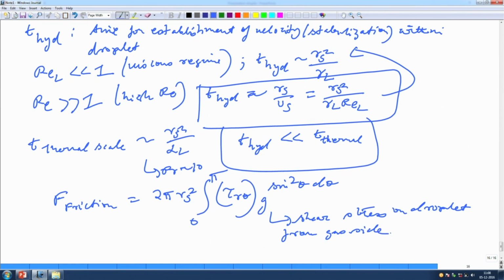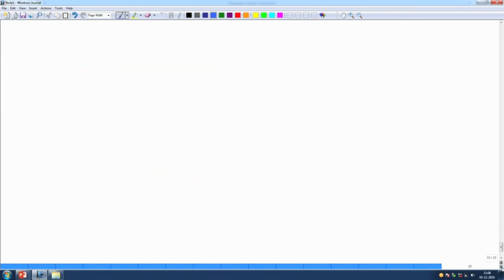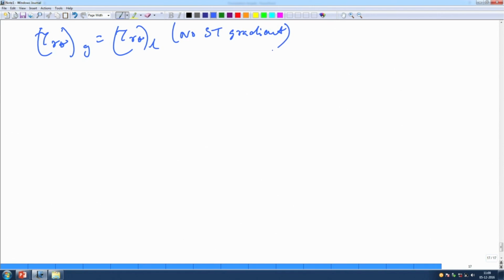That is why I wrote G over there. And we already said that this tau_r theta,G is the same as tau_r theta,L, right. Why does that happen? Because there is no surface tension gradient. We already said that, uniform temperature across the surface, right.